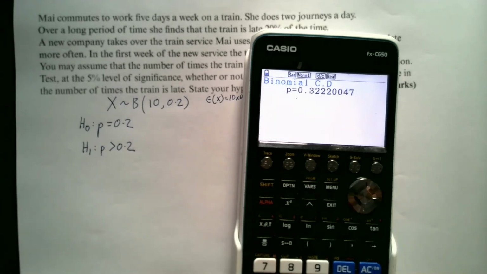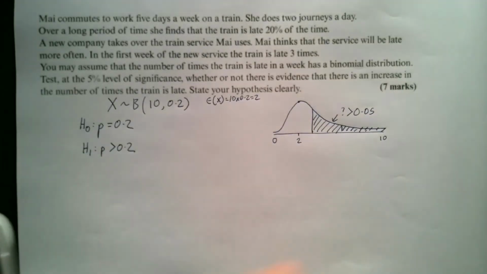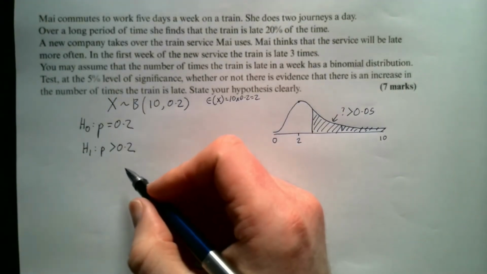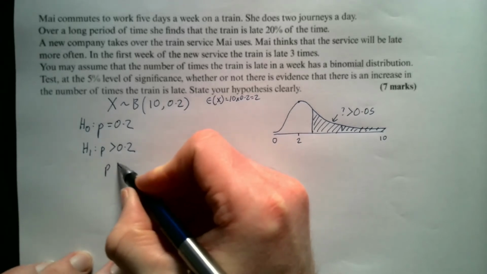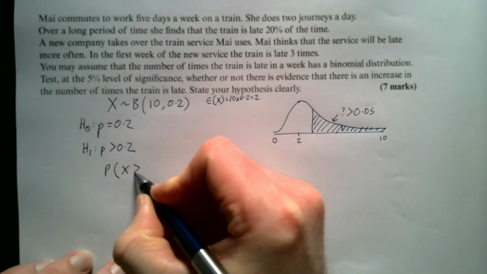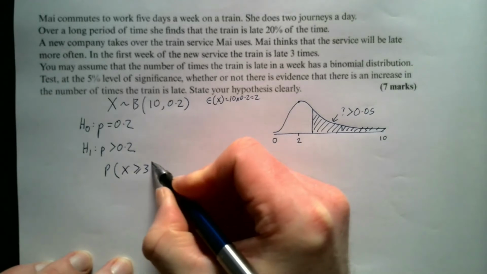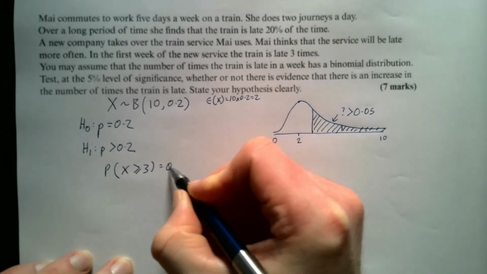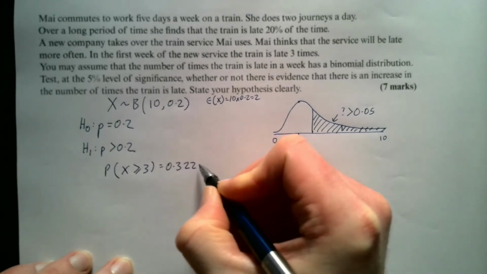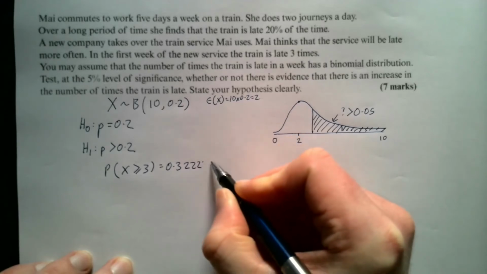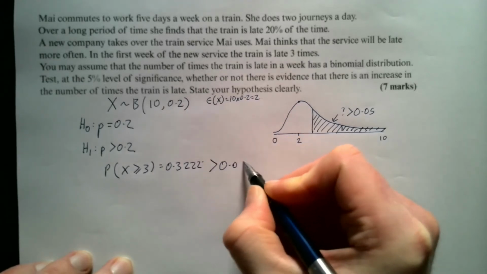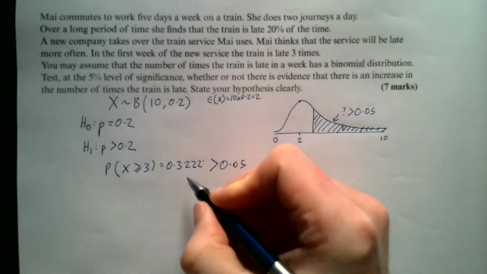Put that in there, and that gives you 0.3222. So the probability that X is bigger than or equal to 3 equals 0.3222, and that is bigger than 0.05.